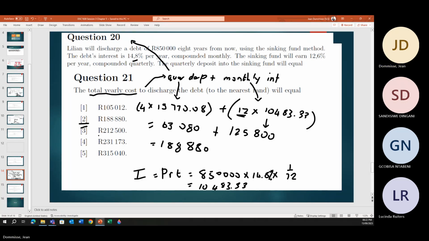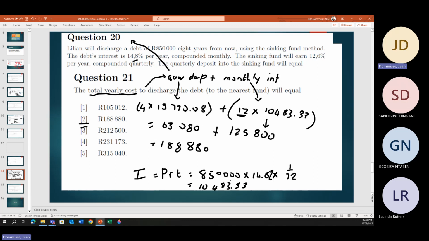So work out the deposit times 4, which will give you the 4 deposits for the year, which is one component of the yearly cost. The second component of the yearly cost is your monthly interest.